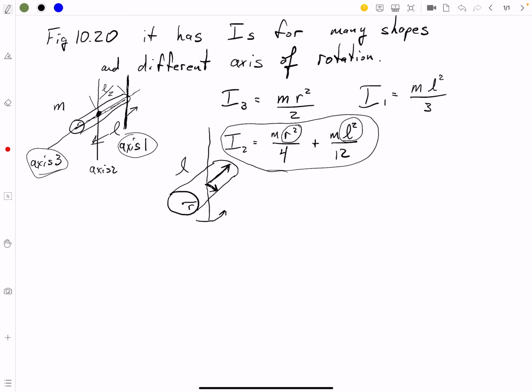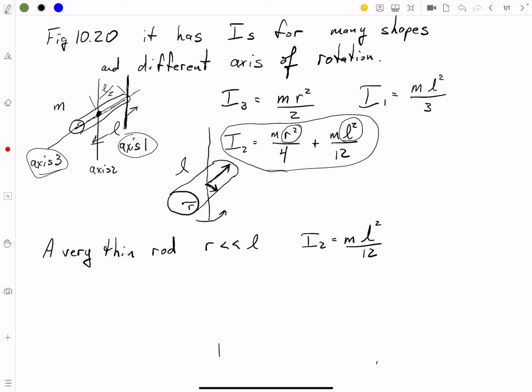Now, if we were going to make it a very thin rod, okay, so now the radius is such that it's quite a bit smaller than the length, okay? In this situation, then I2 equals ML squared over 12, okay?